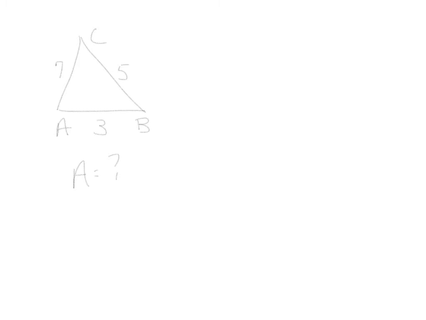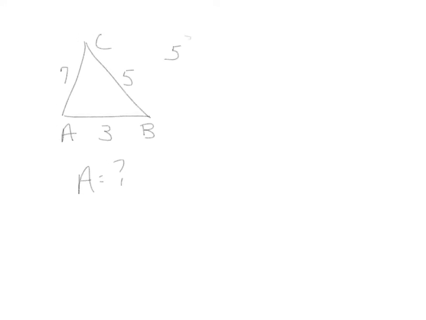So to begin with, always start with the side opposite the angle you are trying to find. So we will start with 5 squared. Use the opposite sides. 3 squared plus 7 squared minus 2 times 3 times 7 cosine of A. Now we can do some simple math.